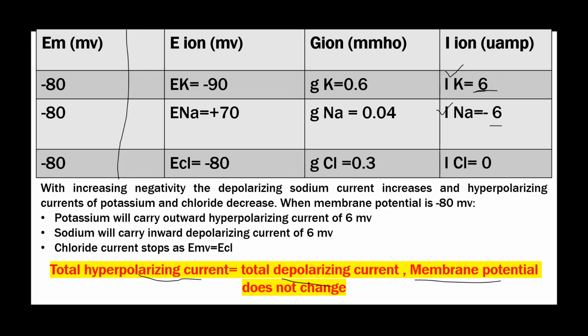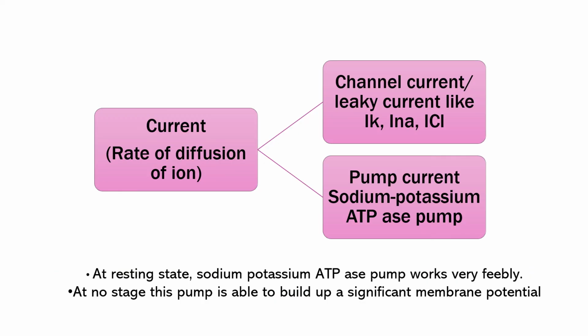They balance each other, so total hyperpolarizing current equals total depolarizing current, and the membrane potential comes to rest. We can also prove by this equation that the resting membrane potential is minus 80 millivolts, with the intracellular part negative.